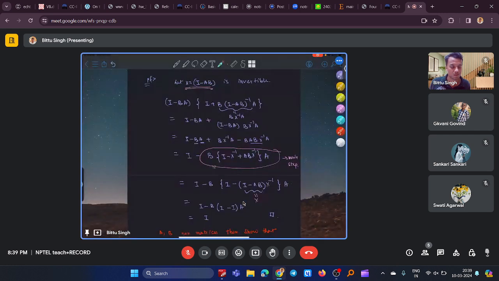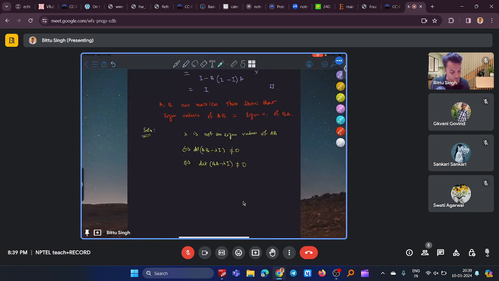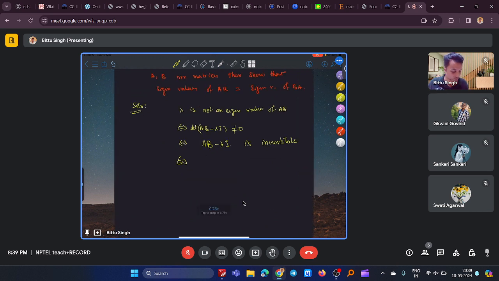Okay, and actually this means AB minus lambda I is invertible. By the previous fact, we are getting BA minus lambda I is also invertible.